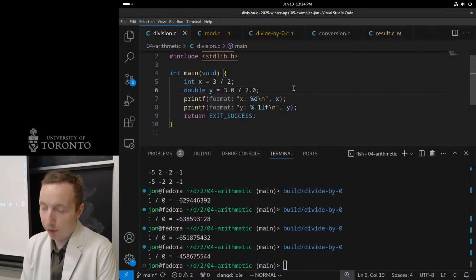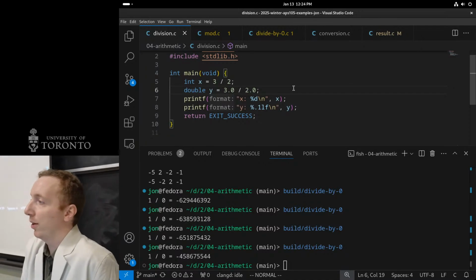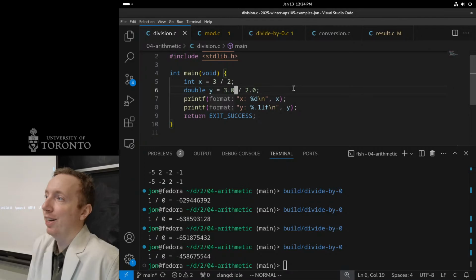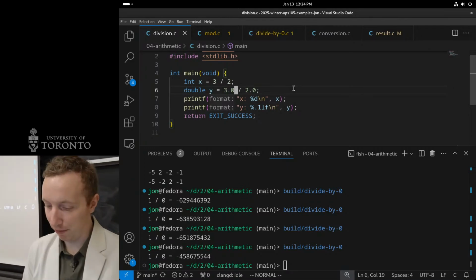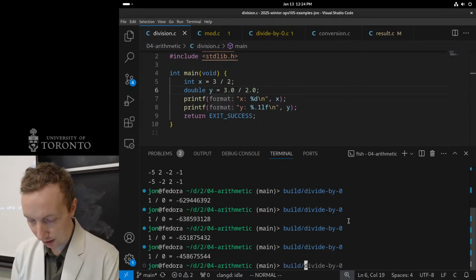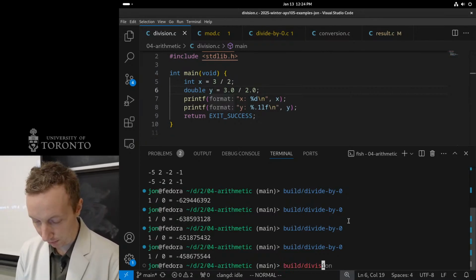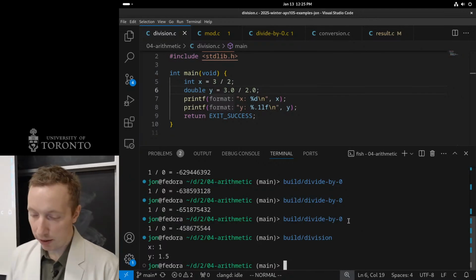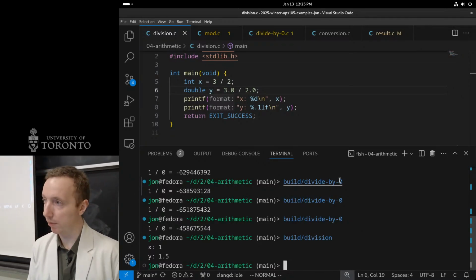What about 3.0 divided by 2? What's the answer of that? Yeah, 1.5, right? So if I go ahead and run this, I'll see that x is equal to 1, y is equal to 1.5.